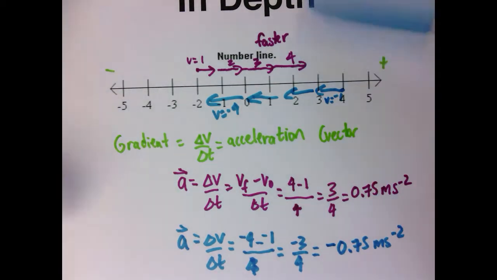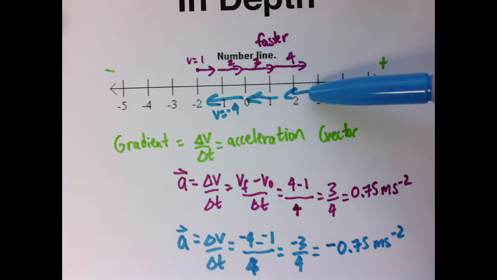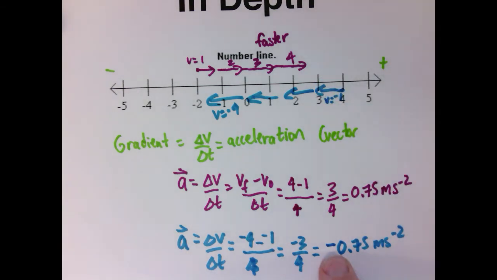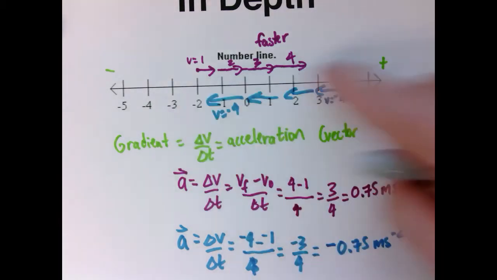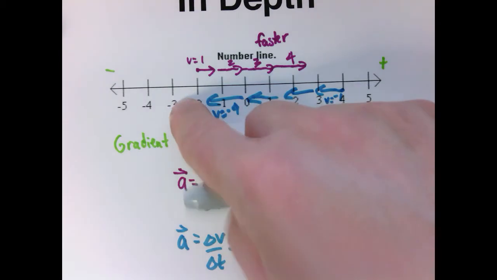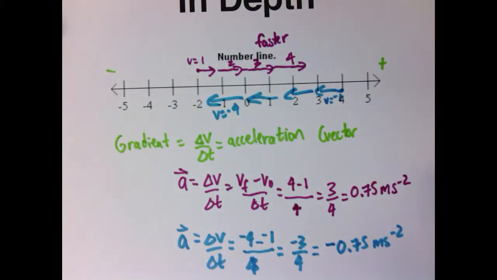Notice the only difference between the burgundy case and the blue case is the direction. The direction of motion, but the direction they're getting faster. This acceleration was negative. The negative didn't mean it was slowing down. This blue course was speeding up, and it was speeding up in a negative direction. Similarly, the burgundy was speeding up in a positive direction.